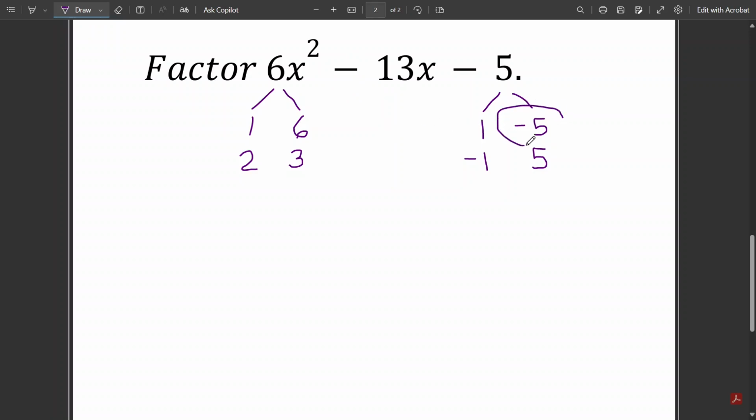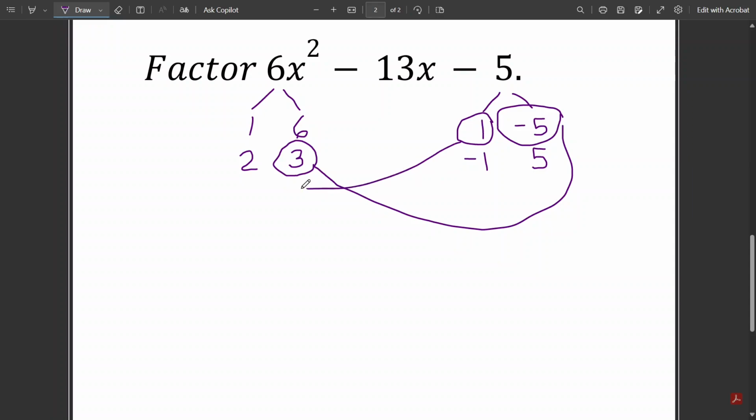So if I take negative 5 here and I multiply it by 3, that's going to give me negative 15. And then if I take 1 here and multiply it by 2, that's going to give me positive 2 plus negative 15. That's going to give me my negative 13. So again, these are going to be the coefficients in front of x.